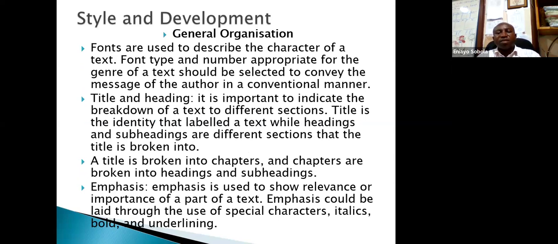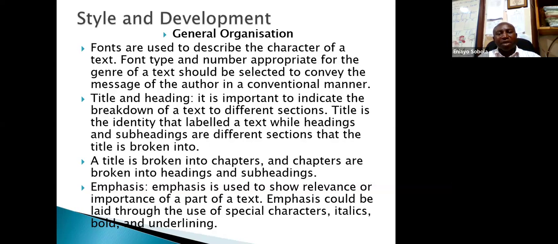And beside that, font is crucial in book writing. If your book will be attractive and will win the purpose of writing it, your text will play a crucial role. And you know we have fonts, font type, and font size. So these are used to describe the character of text.